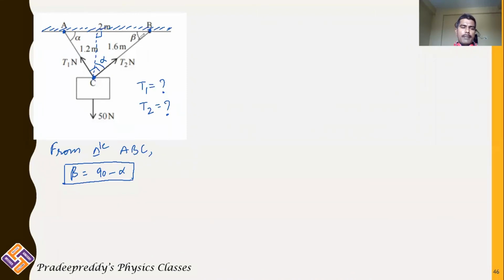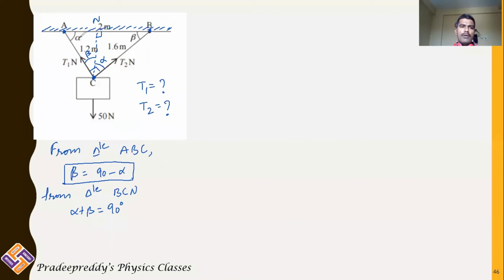Therefore, if you take this triangle BCN, N is normal, alpha plus beta is equal to 90 degrees, and therefore this bottom angle should be equal to alpha. Then obviously this angle should be equal to beta. From the other triangle ANC, if this is angle alpha, the other one will be beta.